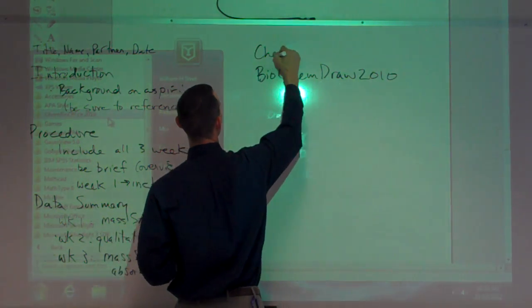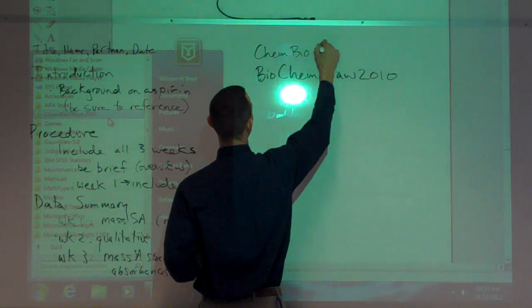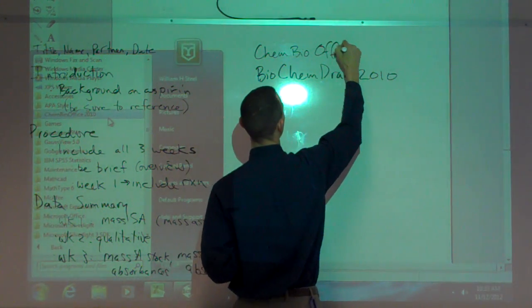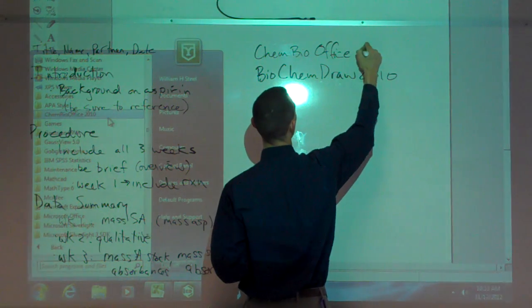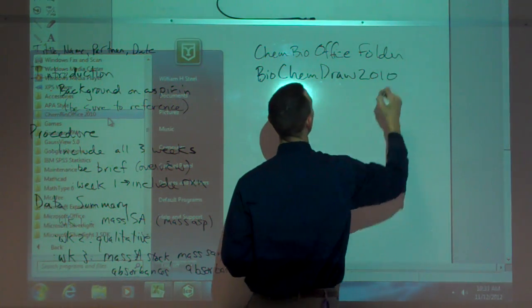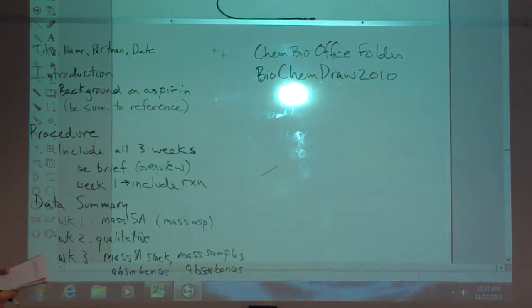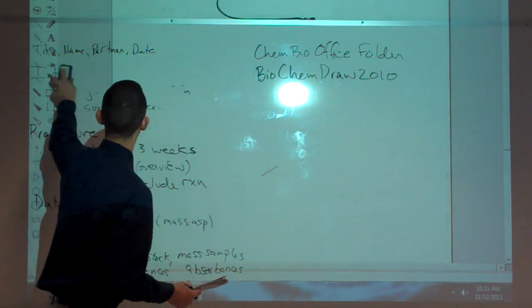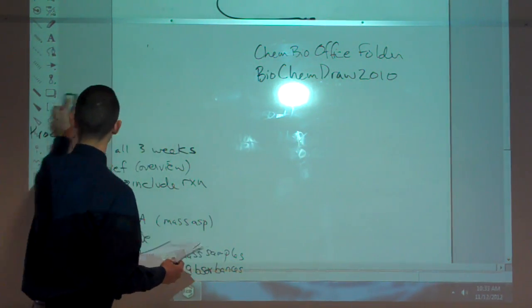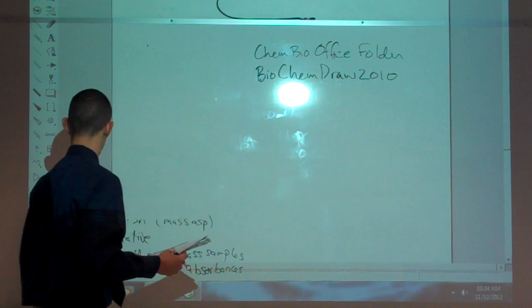It's in the Chem Bio Office folder. When it opens, it brings up a template or a palette, like a drawing palette, for you to generate compounds and structures and reactions in.